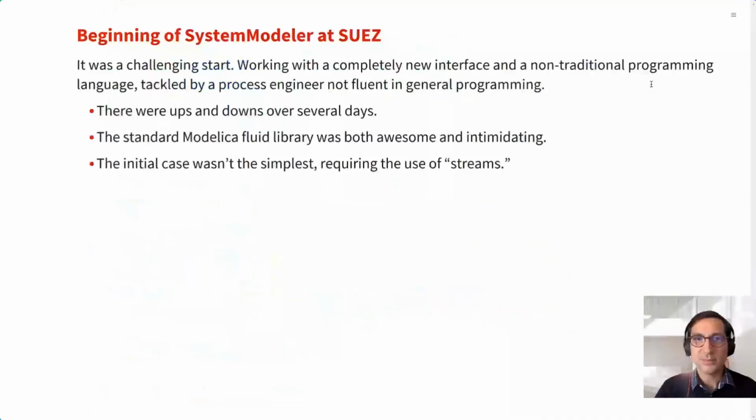So, the beginning of SystemModeler at Suez: all you've seen before has been programmed by Pedro, all these beautiful tools. But a few years ago, I knew nothing about programming, and I had a project on which the use of SystemModeler would obviously be very efficient.